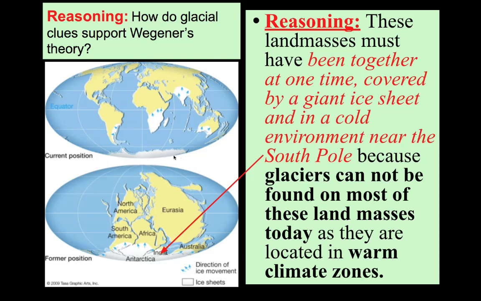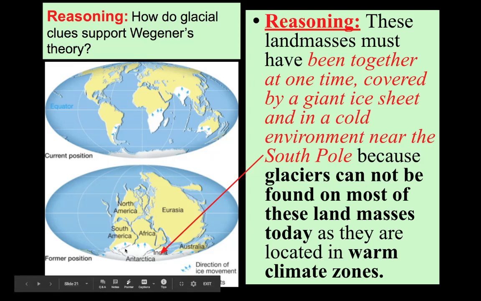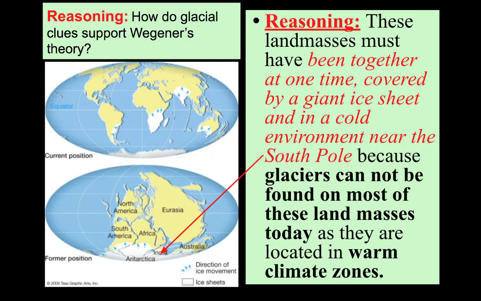When we connect those glacial deposits and those glacial scars and we correlate, we come together with this map down below, and it really shows that this area had to have been closer to the South Pole, and these continents had to have been connected.